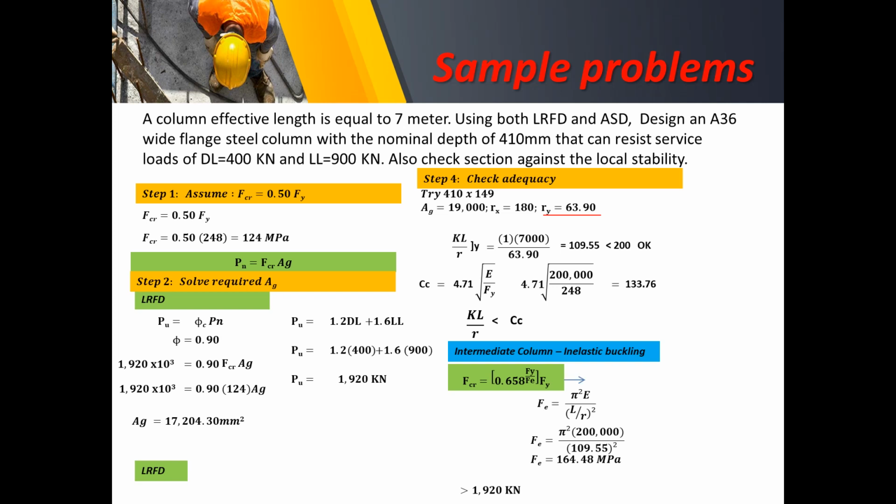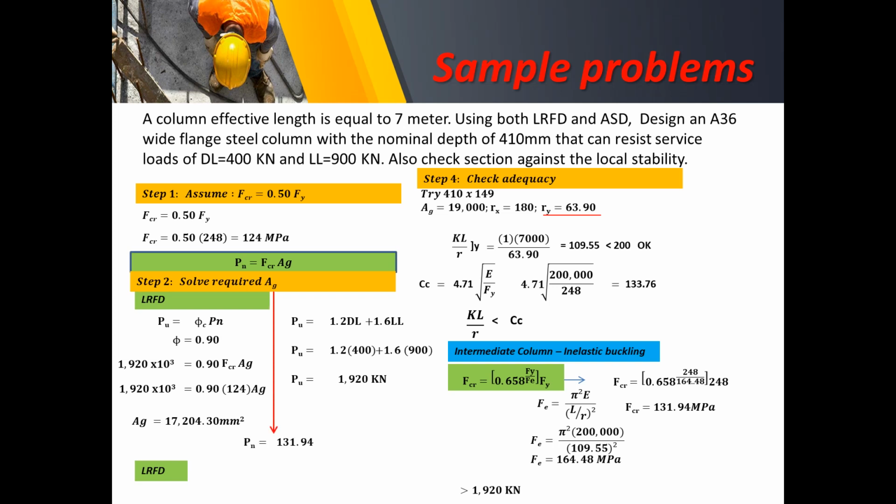And then from that, we can now work on this equation, substituting the values of Fe and Fy. We find that Fcr is equal to 131.94 megapascals. Note that once we have obtained Fcr, we are now ready to compute our nominal strength with this formula here.